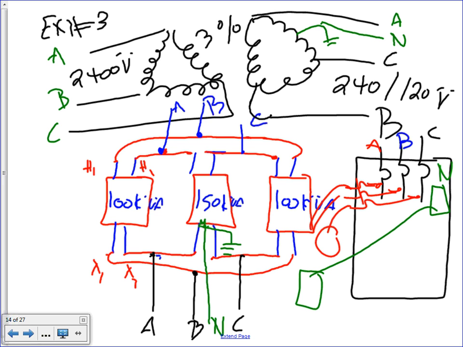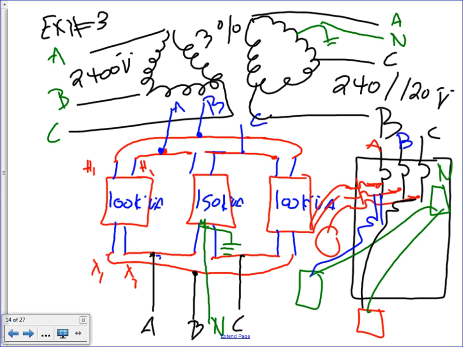You take the receptacle to the neutral here, and you can feed it only from phase A, in this case. So I come to A here, take one and go. Or if I have another receptacle in this area, I can do the same thing, I can feed it from the neutral or from phase C.